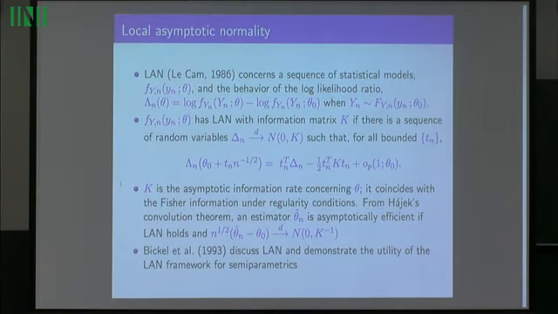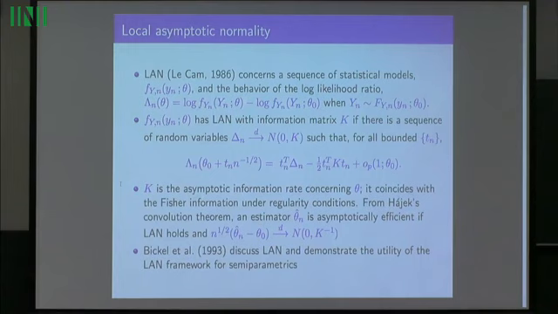Okay, so when you start thinking about how to prove things related to quadratic log likelihoods, then Lucien Le Cam's theory of local asymptotic normality is never far away. I guess many of you will be familiar with local asymptotic normality.